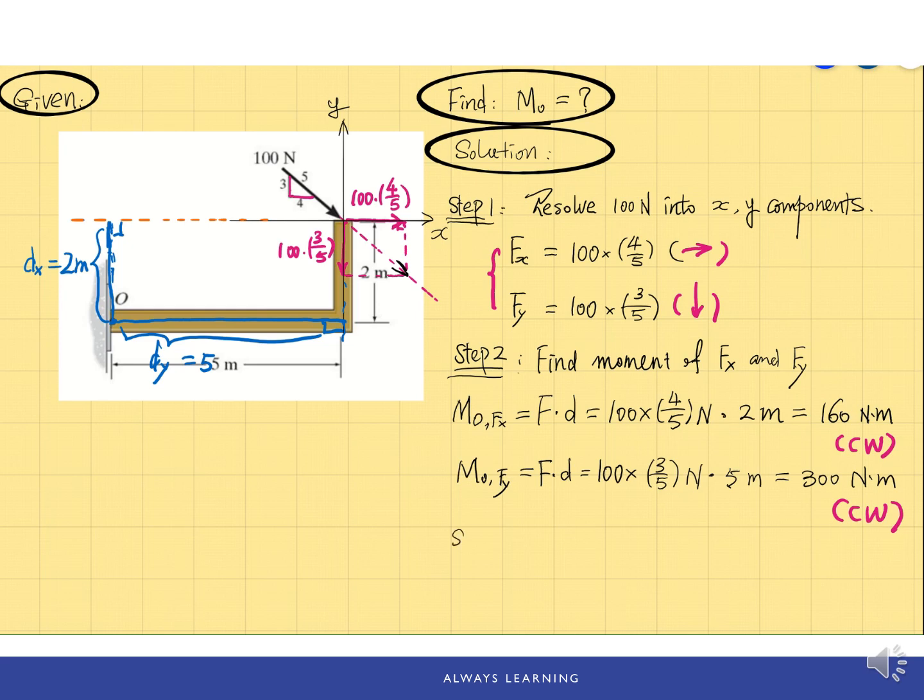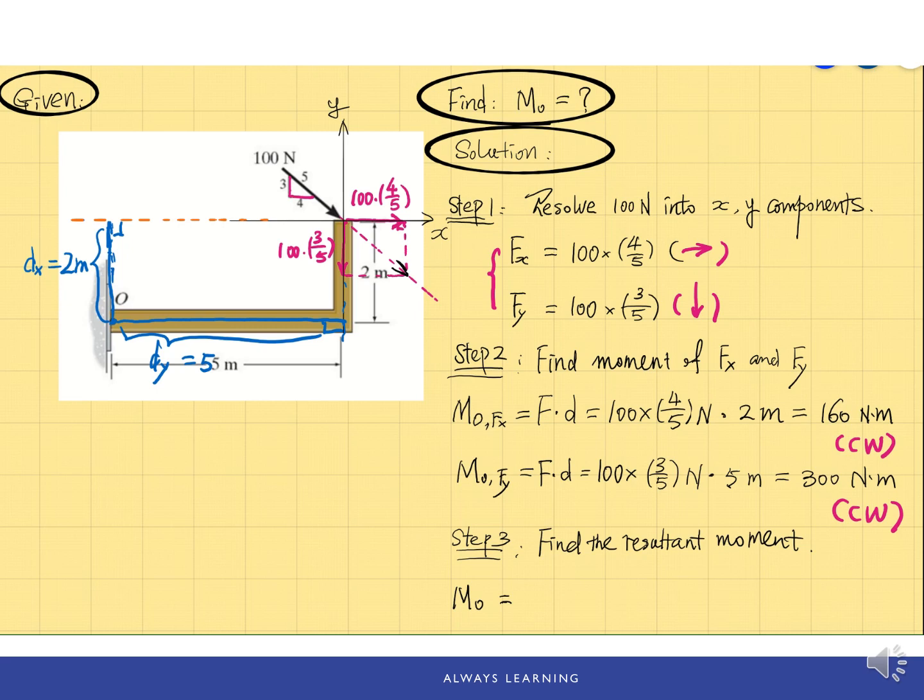So the last step, we're going to add them together, find the resultant moment. Since both moments will cause clockwise rotation, their overall effect will be adding together.